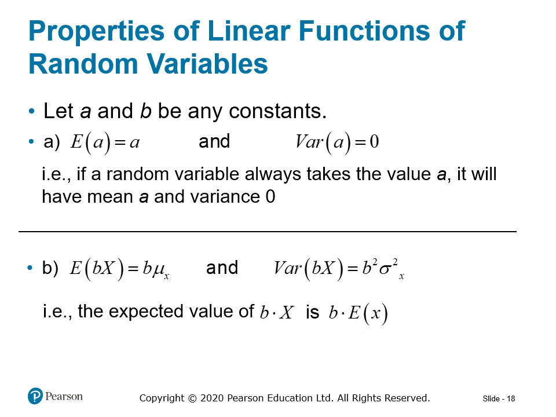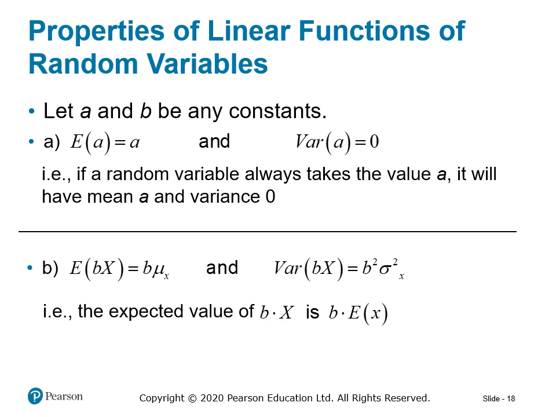Since a and b are constants, any constant, the expected value of a is just a, and the variance of a is 0, as we just saw. If a random variable takes on a value a, it will have mean a and variance 0. Basically, the mean will be just the constant since it doesn't vary, and since it doesn't vary, it's not going to have any variance.